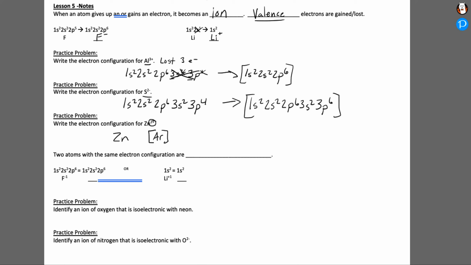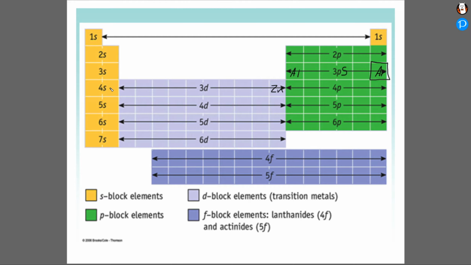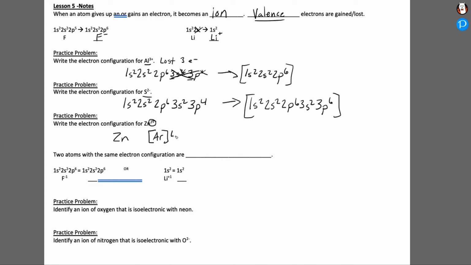And picking up from there, we're going to go 4s2, 3d, 1, 2, 3, 4, 5, 6, 7, 8, 9, 10. So 4s2, and then 3d10.